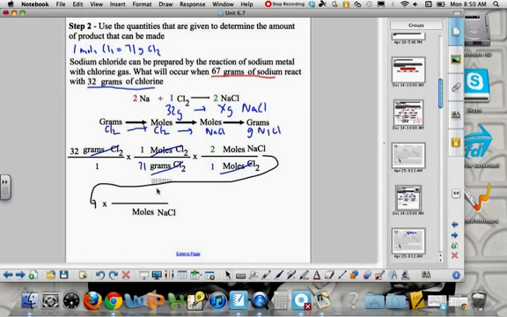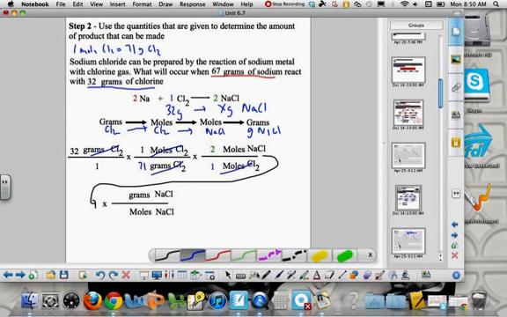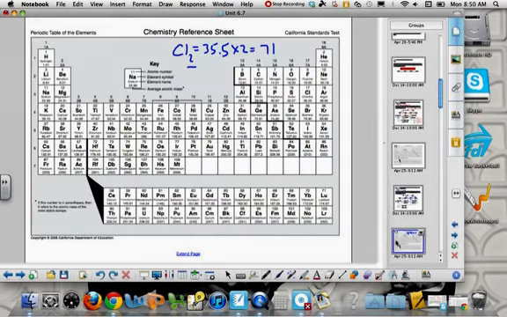So I'm going to take grams of NaCl and put that up on the top there, just like so. Now, just like we did before, we have to look this up from the periodic table. So if you remember, we looked up the conversion of 1 mole of Cl2 to grams of Cl2. Now we're doing the same thing from the periodic table this time for NaCl.